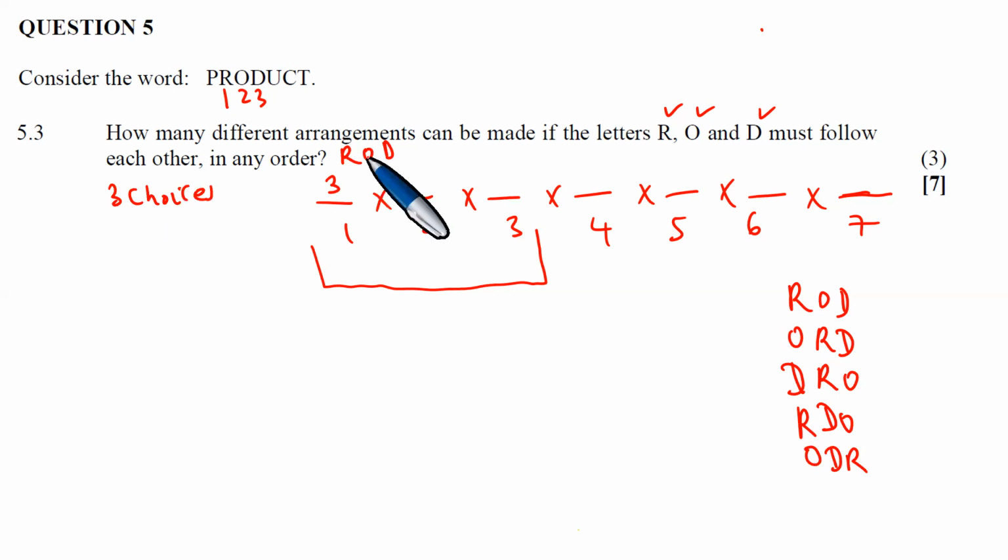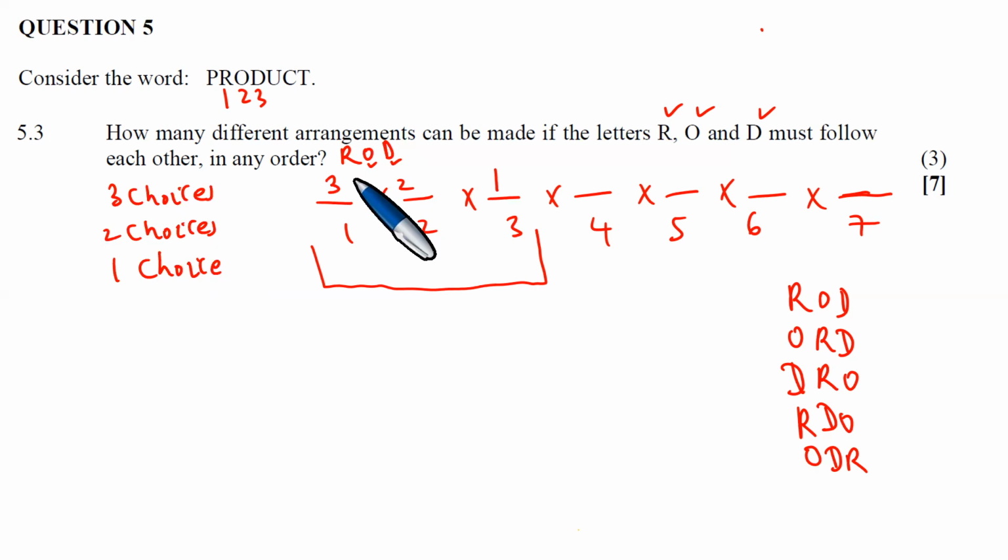After that, maybe you choose O for argument's sake. Then you're left with 2 letters. You have 2 choices to make. After that, you have chosen D, and then the last one, you have 1 choice to make.